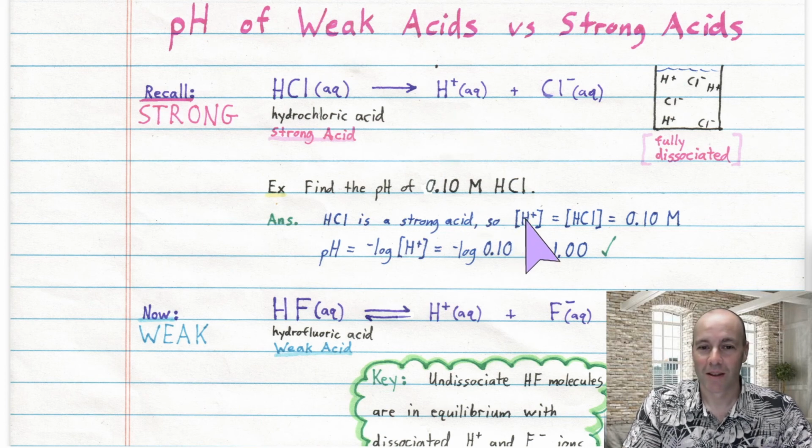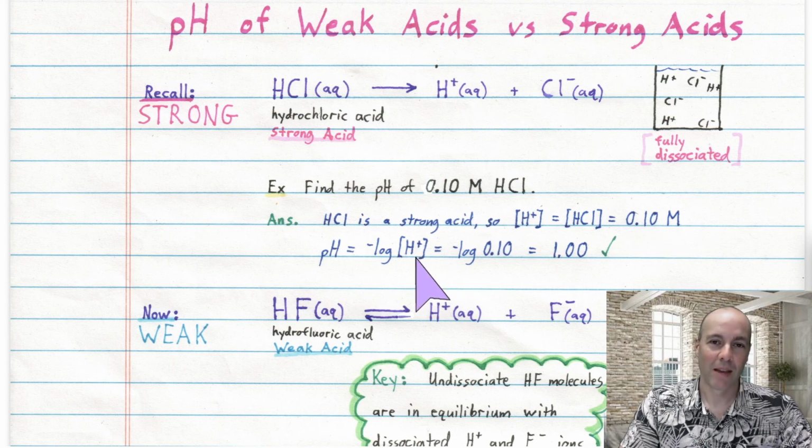So when you have strong acids and you know the concentration of the strong acid, you automatically know the concentration of proton. And therefore you can quickly calculate the pH. The pH is the negative log of the proton concentration, so negative log of 0.1, and that's 1.